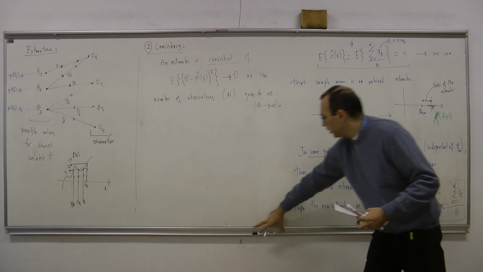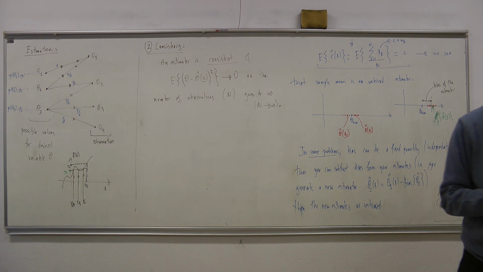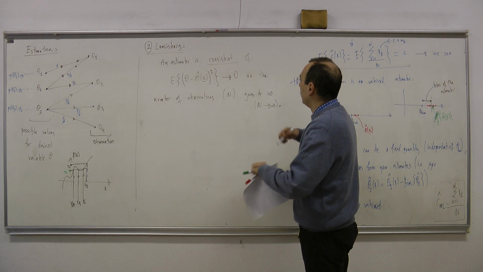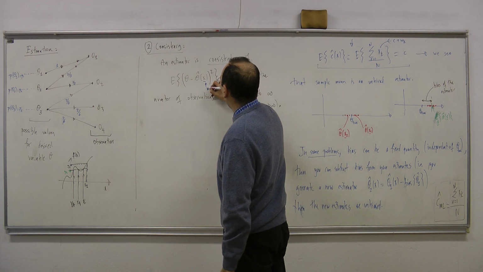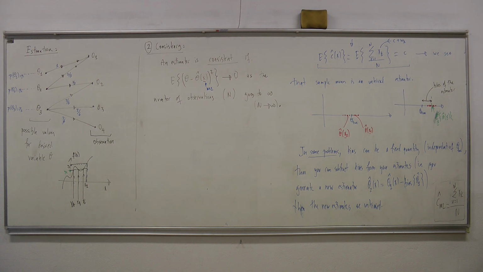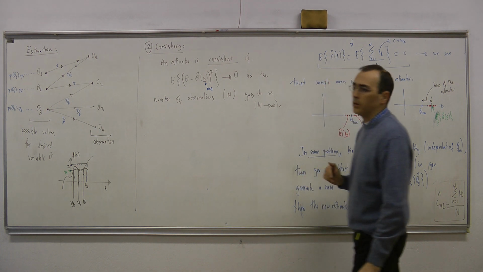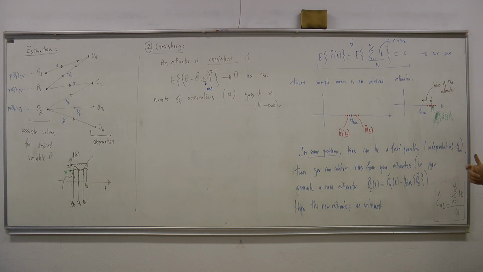So let me not use these black markers and use the others. This is an n by 1 vector, like in our earlier case of the sample mean. Now what happens if I increase the number of observations to infinity? Do I get 0? So what is this?